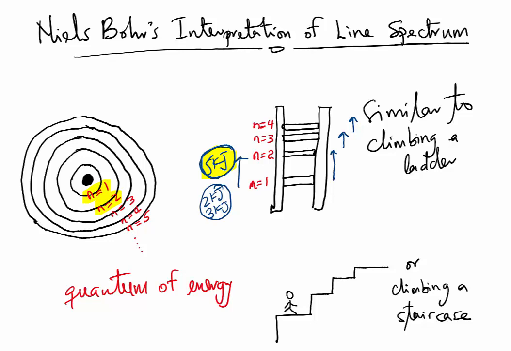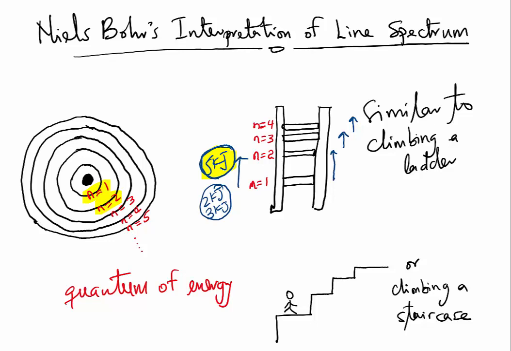This is similar to climbing a staircase or climbing a ladder. You can climb ladder step 1, step 2, step 3, but you cannot climb step 1.2 or step 1.7 or 2.5.